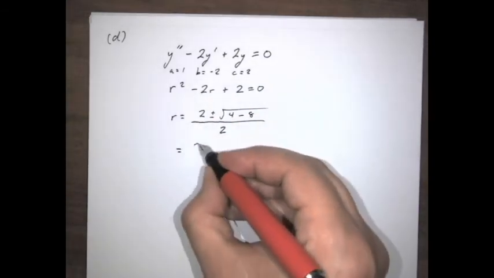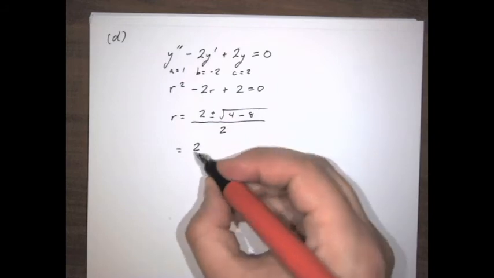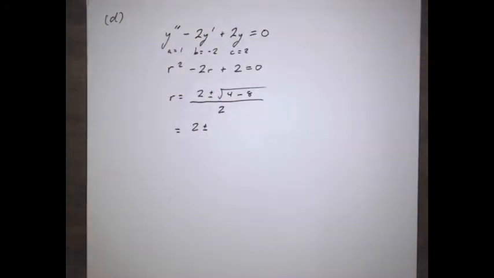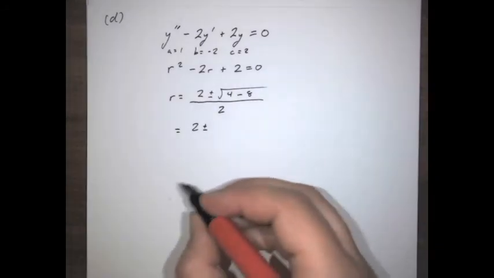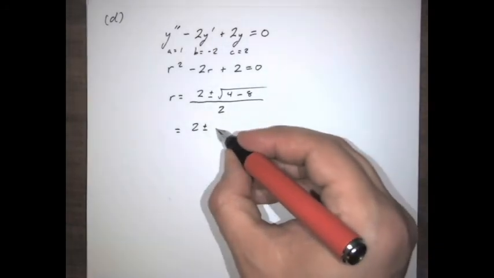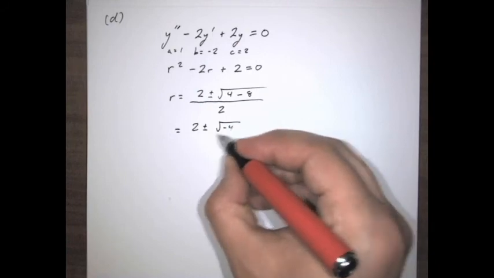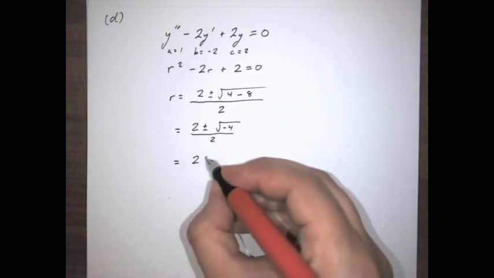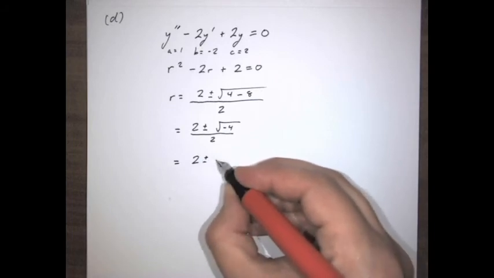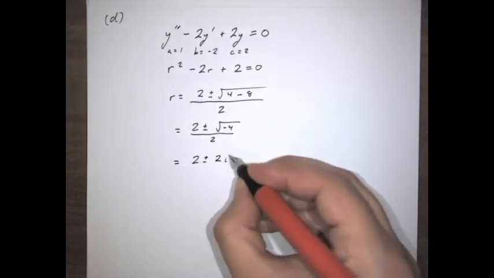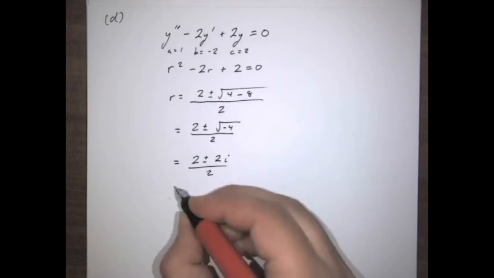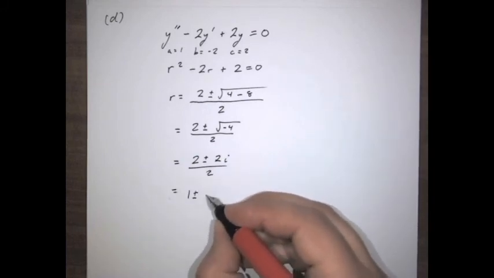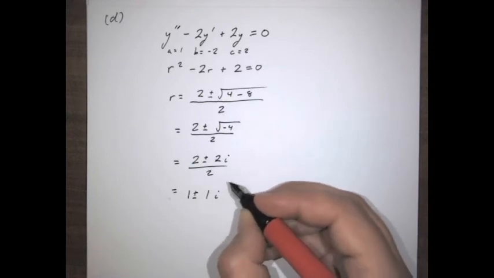So that's 2 plus or minus the square root of negative 4, all divided by 2, which is 2 plus or minus 2i divided by 2. Divide everything top and bottom by 2, and you have 1 plus or minus 1i.